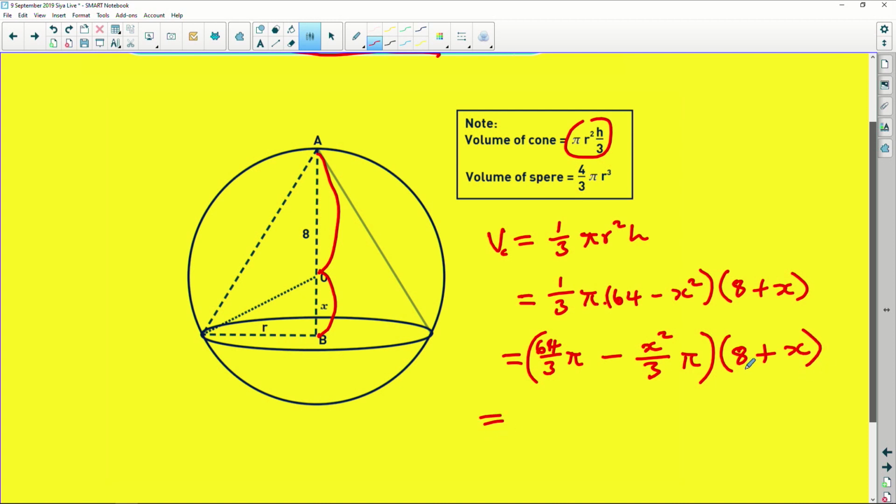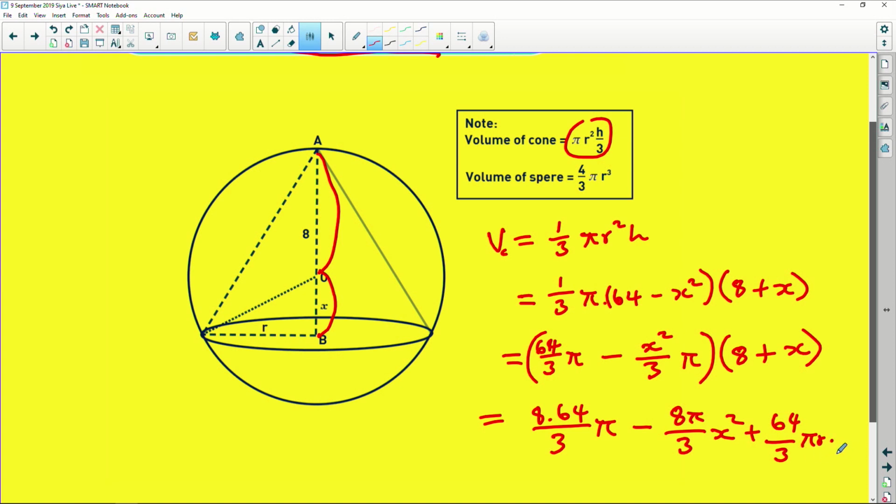Then lastly, this will be 8 multiplied by 64 divided by 3 pi. Then 8 also multiplied by that will be minus 8 pi divided by 3 x squared. And then I multiply the x also, so it will be plus 64 over 3 pi x.